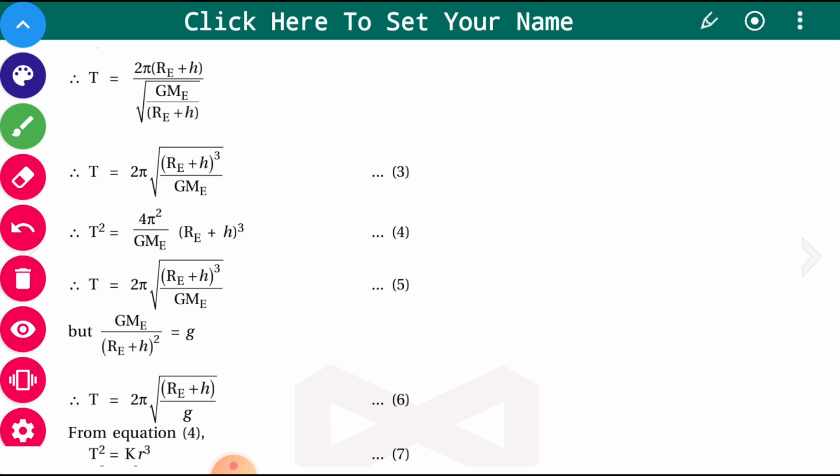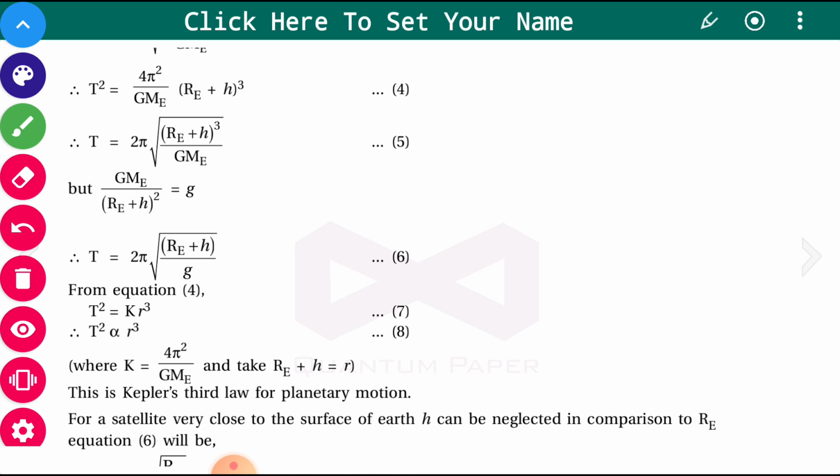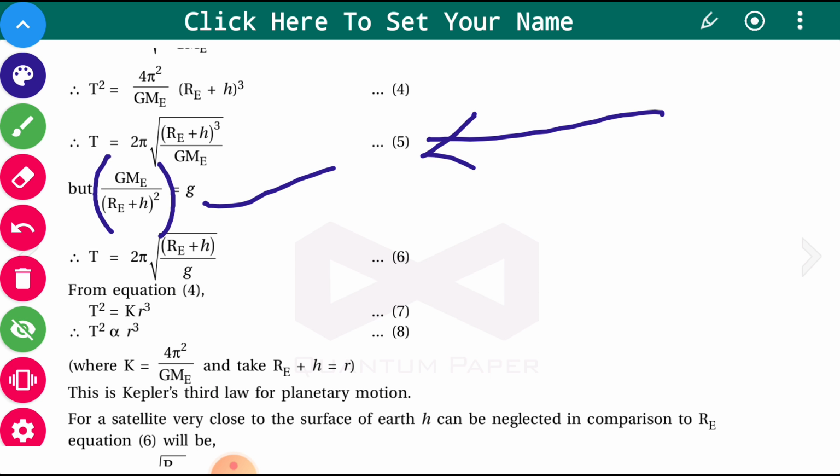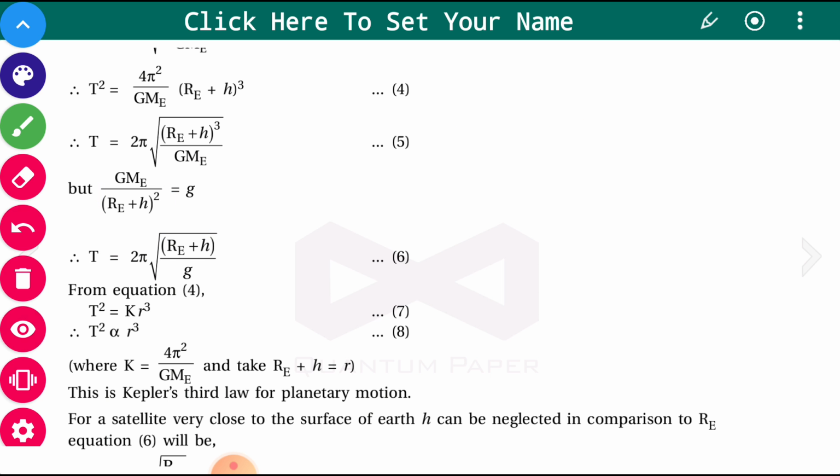So instead of GMe upon (Re plus h) the whole squared, we can write small g. So equation number 5 can be written as T is equal to 2 pi times the square root of (Re plus h) upon g. It is very easy to understand.